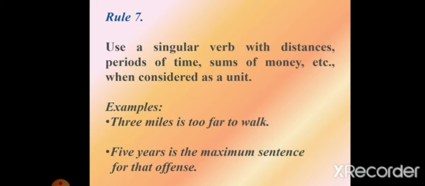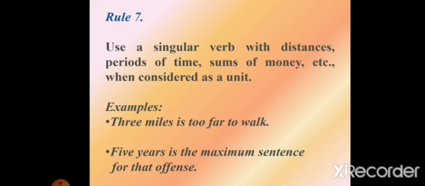Rule number 7. Use a singular verb with distances, periods of time, sums of money, etc., when considered as a unit. Again, the same basic rule applies here too. Even though you are taking the plural, for example periods of time, you are taking it as one unit, so definitely the verb will also be singular.